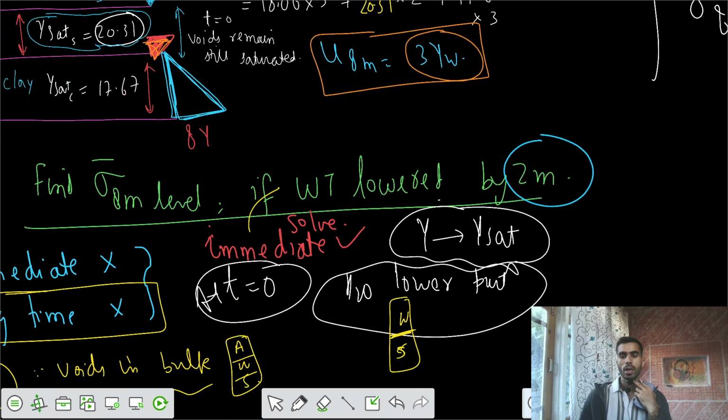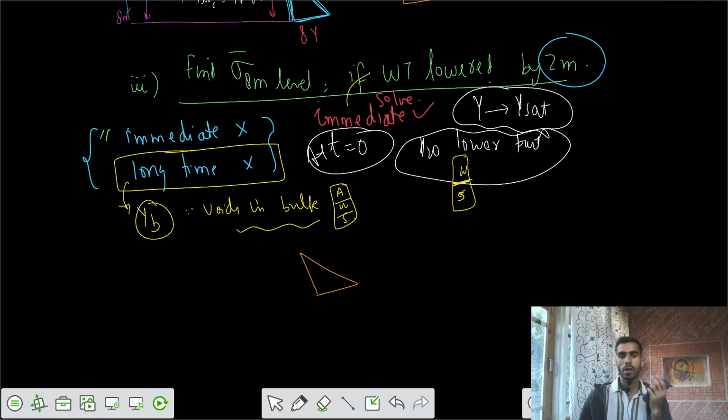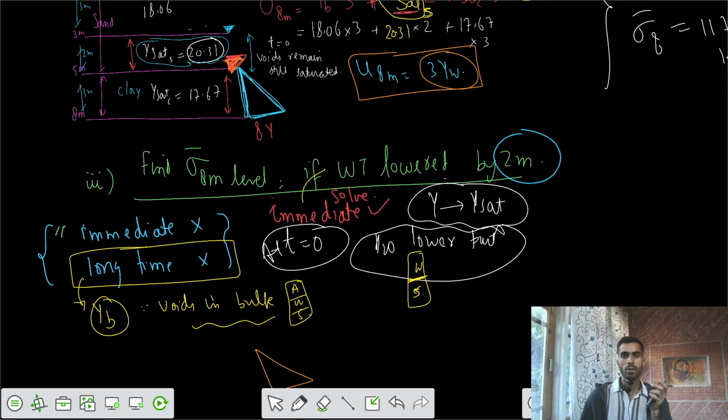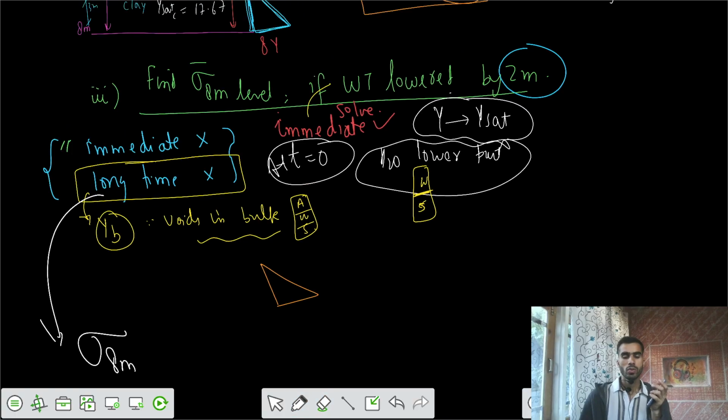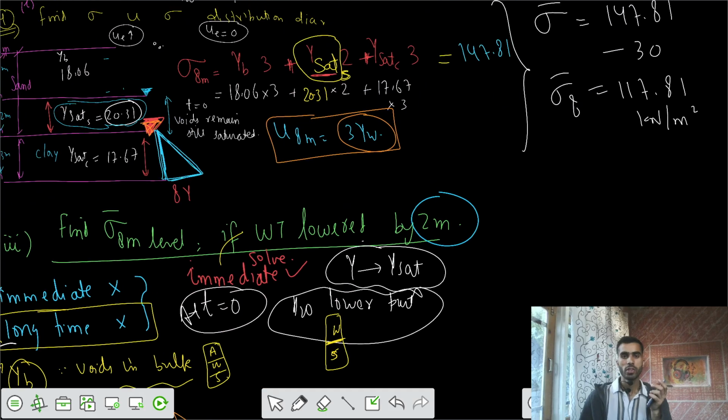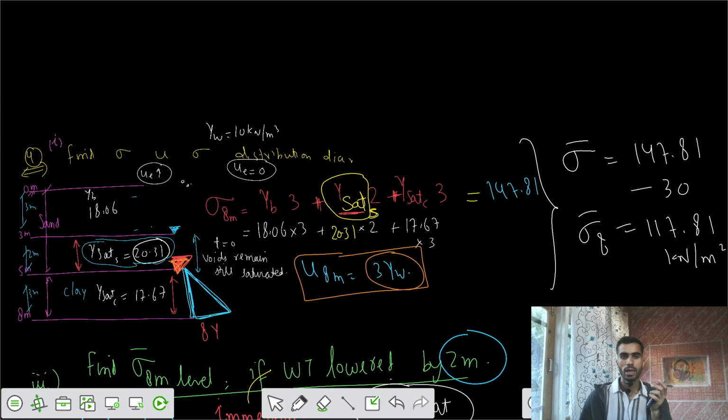Now let's calculate the stresses at that 8-meter level after a long time. Initially, I would solve for the total stress, writing the same equation again for that condition.